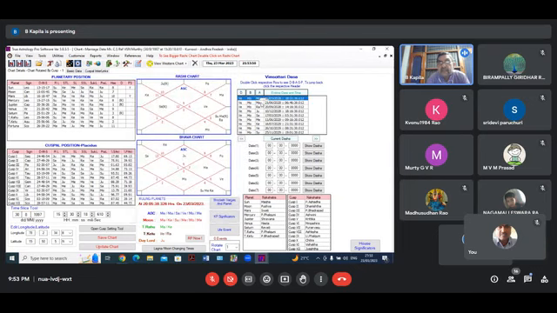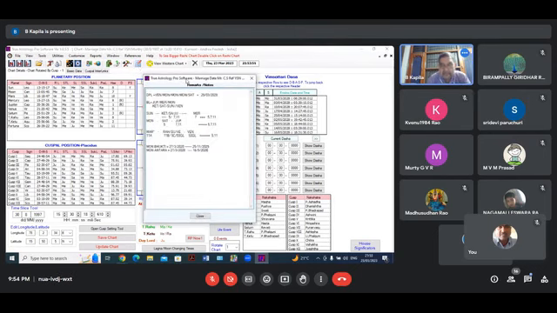And if I select Moon as Sukshma Lord, it will be up to 31/3/2028.